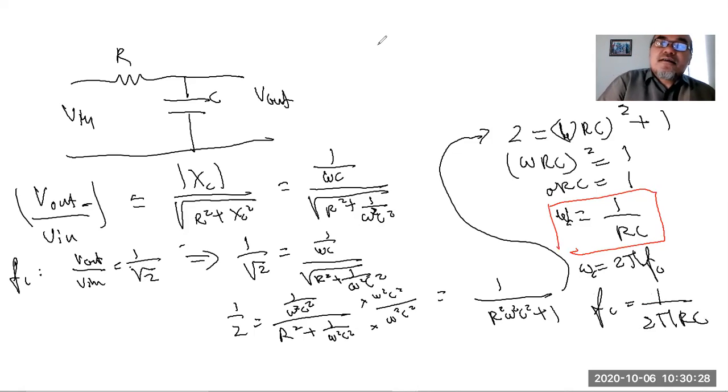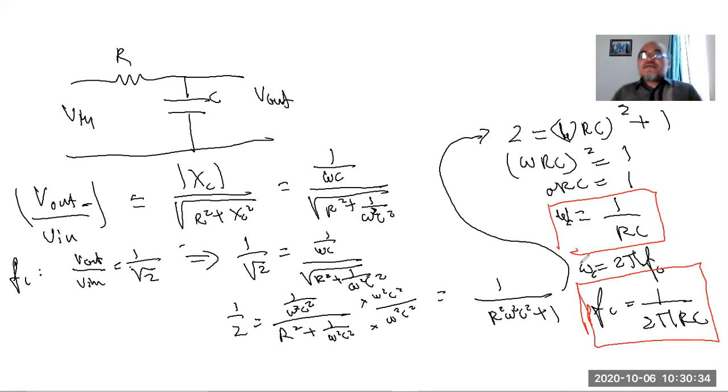If the cutoff frequency is defined by the design and you are asked to design a low pass filter, then you can determine the values of R and C accordingly.